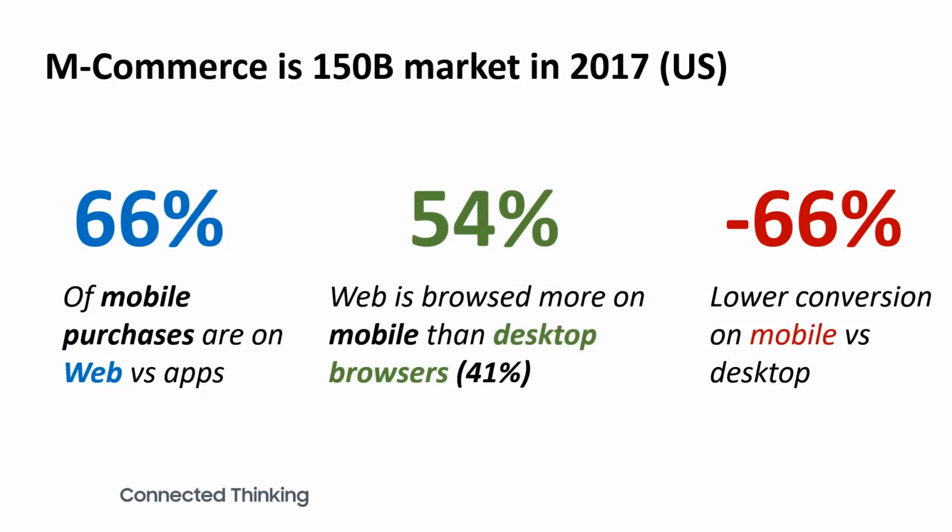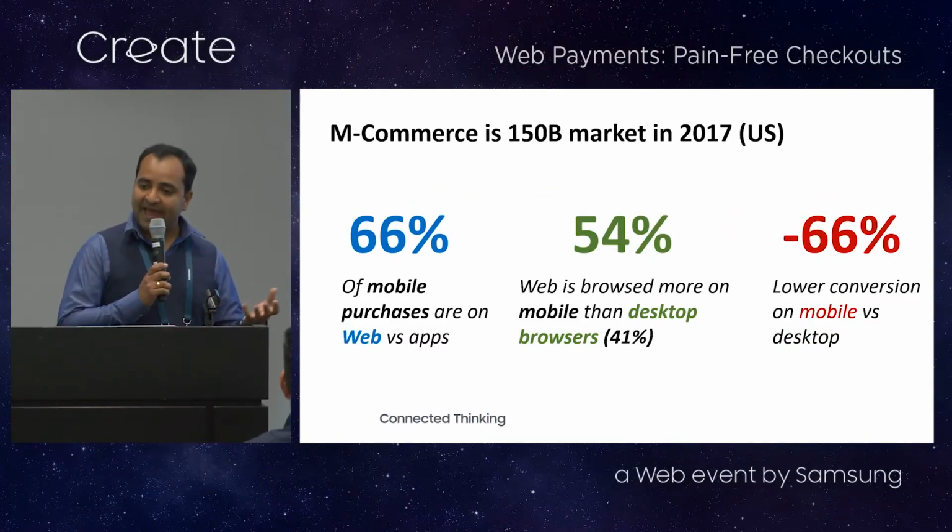Before we go into more detail, let's talk about the numbers. In 2017, mobile commerce was a 150 billion market. What's very interesting is that 66% of these purchases happened on the web, not the app, even though most people might think they use mostly apps.